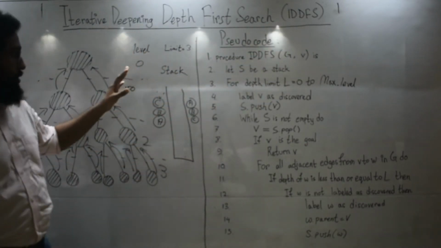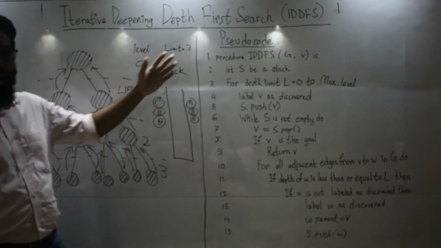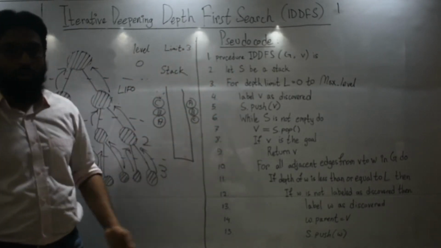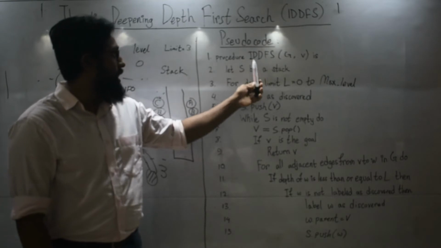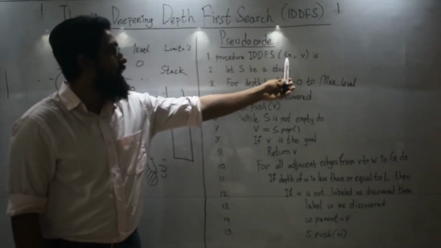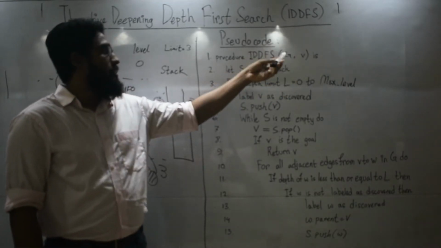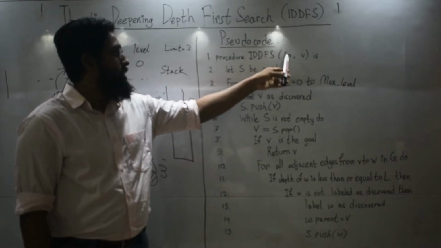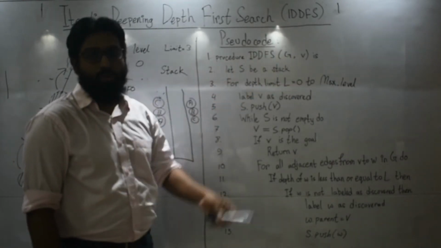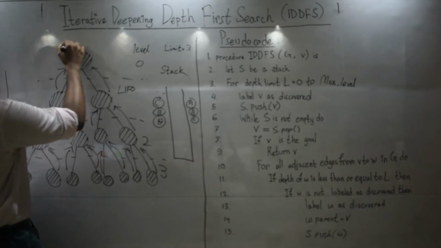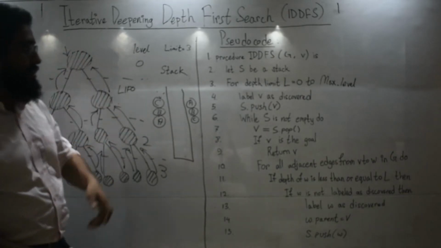Okay. So to explain all this, I will orient you with the pseudocode. Procedure ID DFS. Okay. Now you put as input the graph and your starting node V. So this one's my V. Okay.